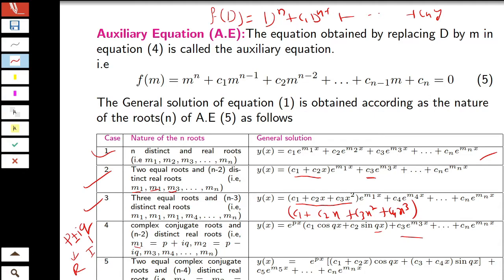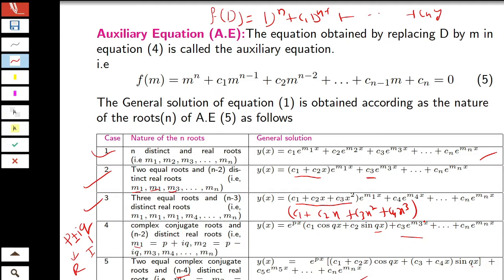If it is repeated, p plus or minus iq again p plus or minus iq, in the repeated case the total roots become 4, and the remaining n minus 4 are real and distinct. As in the real case, the same thing we write here: e power px times c1 plus c2x into cos qx, plus c3 plus c4x into sin qx, and the remaining are real and distinct.